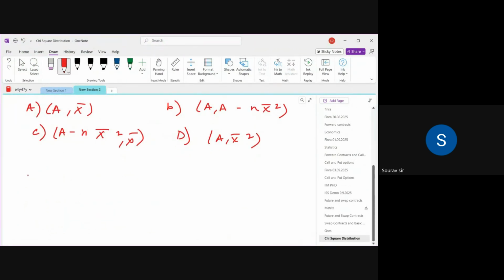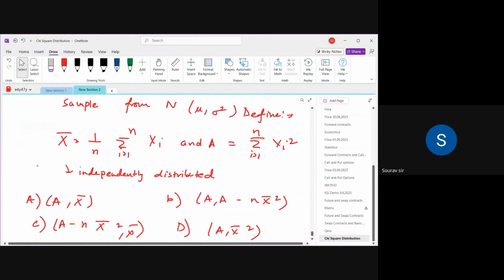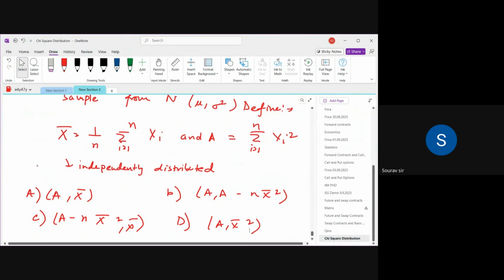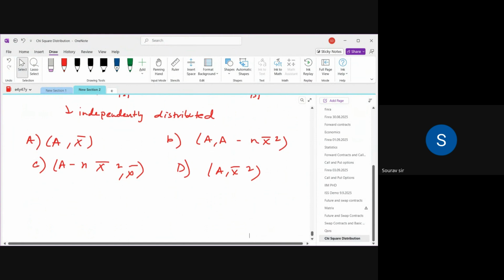Please be louder, whoever is saying the answer. Maybe A. Okay, let's see. All are telling me answer A. Seen the question? Just see the question once more. In a random sample, x bar is 1 by n summation xi and s square is this. Then what will be the answer? So which one will it be?